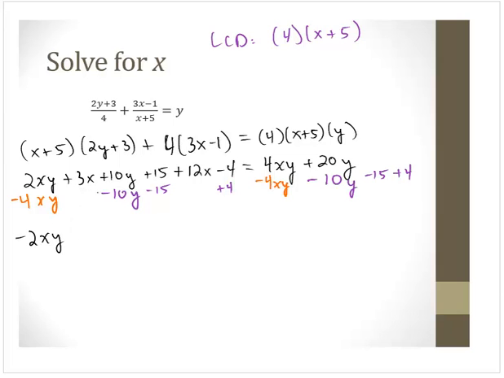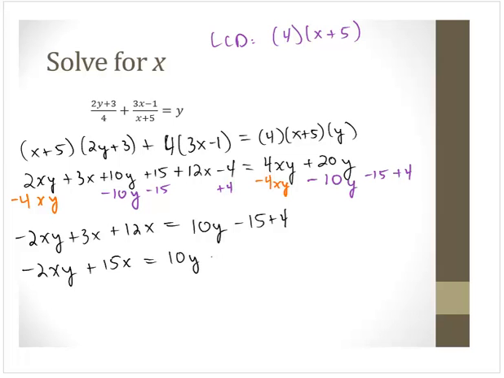I have a plus 3x and a plus 12x. That's all that remains on the left. On the right-hand side, I'd have a 0xy, a 10y, a minus 15 and a plus 4. Let me simplify things. Negative 2xy plus 15x equals 10y minus 11.